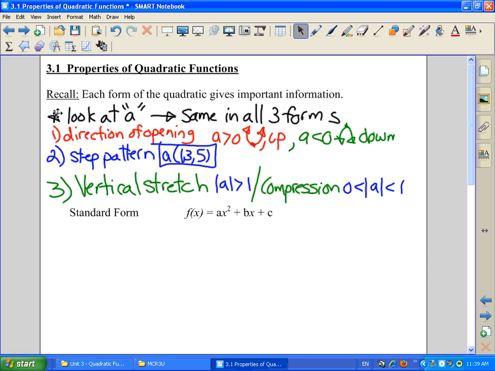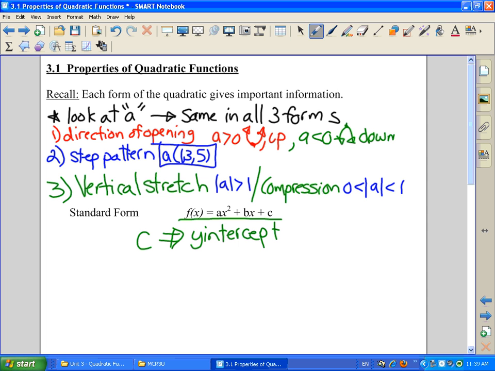All right. Now taking a look at standard form. Standard form has ax squared plus bx plus c, and the important information that it gives us here is that c is the y-intercept. Again, that's a review from last year and yesterday. Okay, but we're going to add on to that.